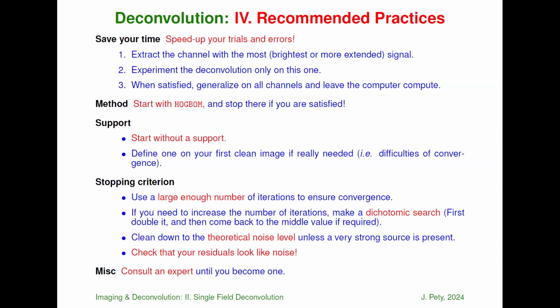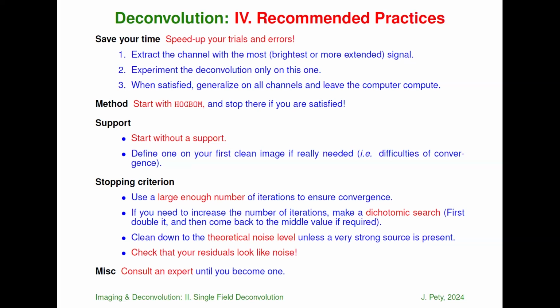A few recommended practices. You should save your time. So instead of trying to deconvolve 4,000 channels, you should pick the one that has the highest signal to noise ratio. You make a first image, and in the dirty image you look for the channels that have the highest signal to noise ratio. You extract this one, and you work only on this one in order to fine-tune your deconvolution algorithm.